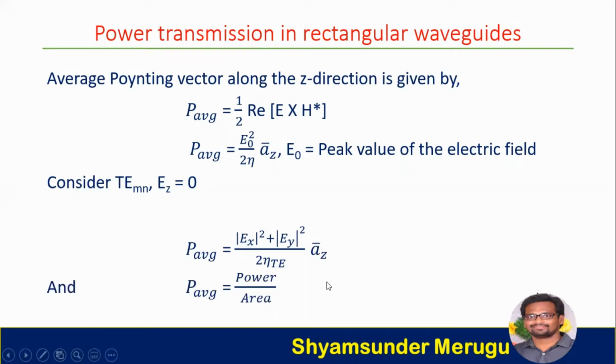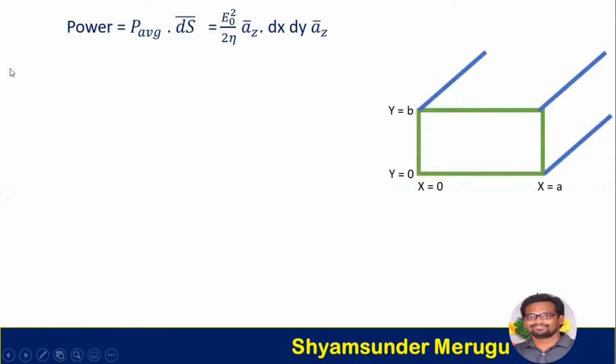And the average power, the general definition that we can write, is the power flow per unit area. From this, we can also write power equals average power into the area. So here we can write the power equals average power dot the area, and now we are considering the area as the differential surface area ds bar.